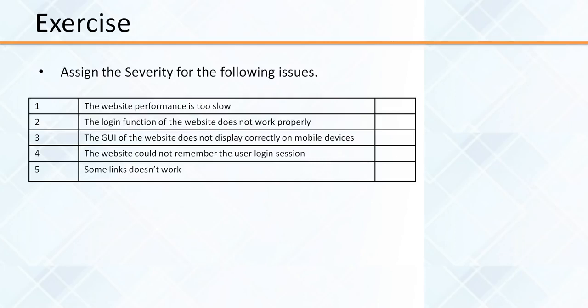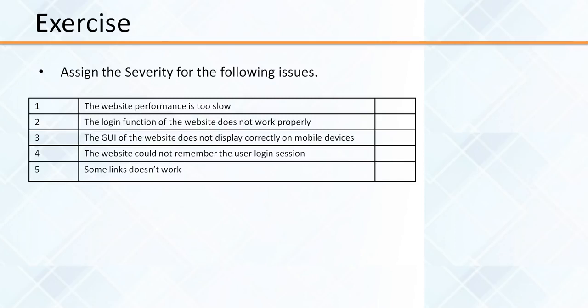So the UI of the website doesn't display correctly on mobile devices. The fourth one: the website could not remember the user login session, and some links don't work. So these are the five defects we found. We need to give the severities for these five, and also give the justification.